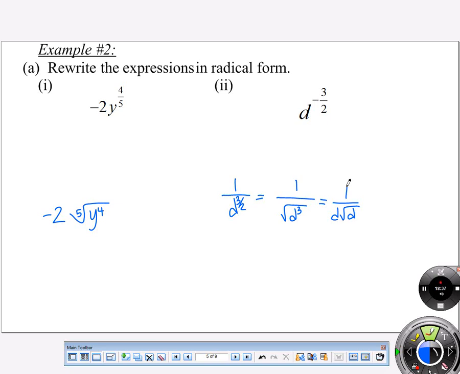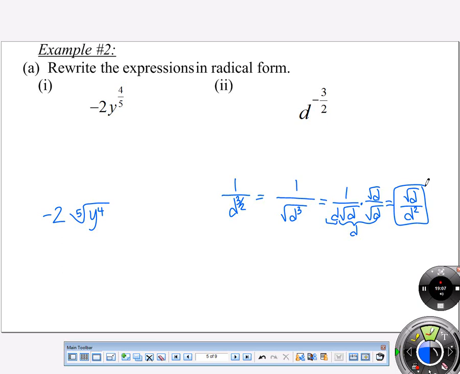What should I multiply numerator and denominator by so that there isn't a radical in the denominator? Rad d. So we make a pair since our index is 2. And then our denominator will be d squared, because here's one factor of d, and then together these will make another factor of d, and d times d will give me d squared. Is this all right? Okay.